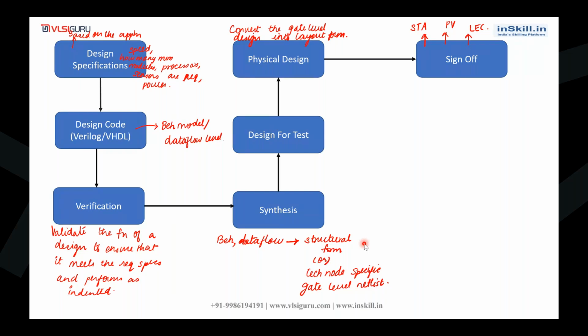If you are going for low power design, then special cells like clock gating cells, retention registers and isolation cells will also be added into our design. And at the time of DFT, we will be adding our own test structures into the design, like scan insertion, MBIST insertion, boundary scan insertion.